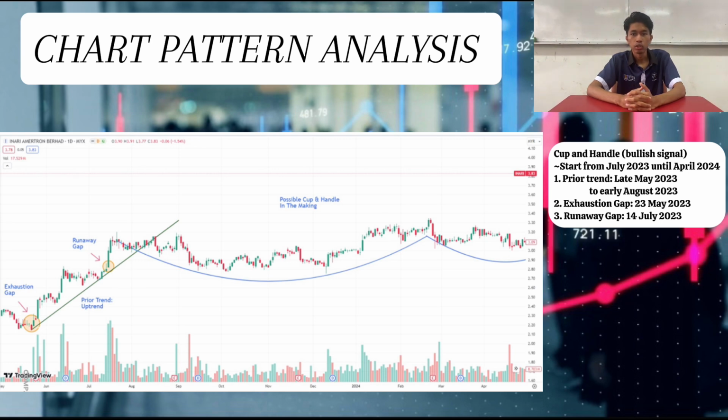In the chart, it shows a bullish trend with strong market contribution. Next, volume analysis. We have detected a breakout on 14 July 2023. It indicates a valid breakout because the price moved upward with significant volume. The price broke out at RM2.80.